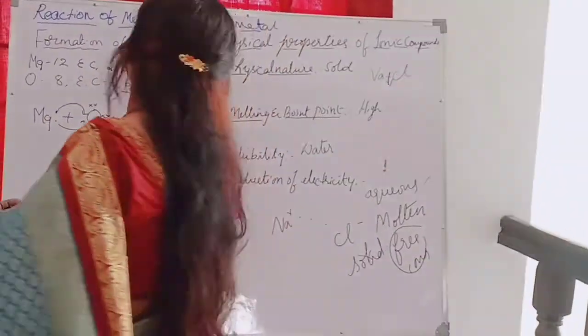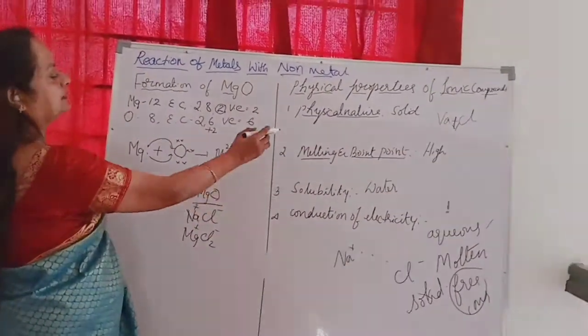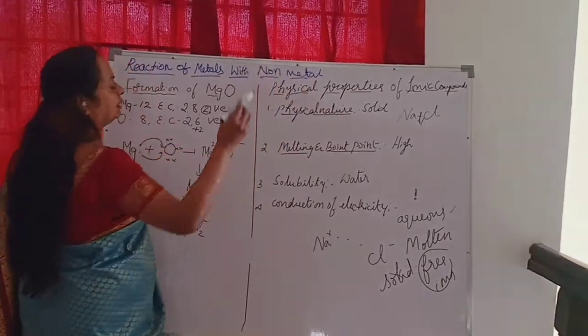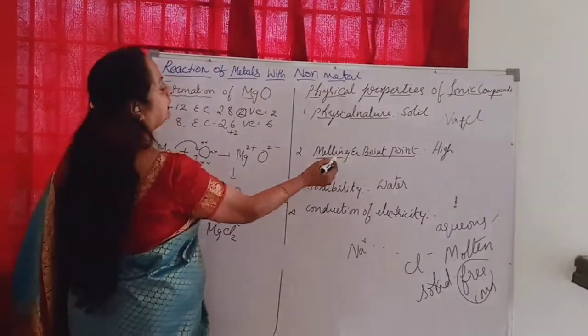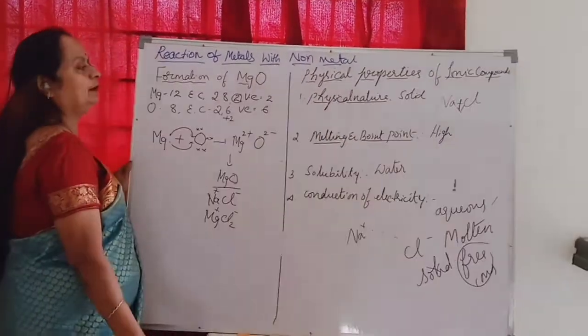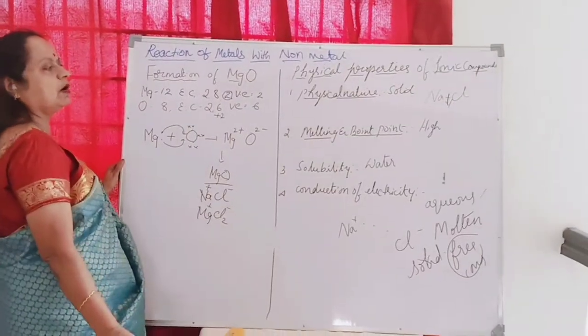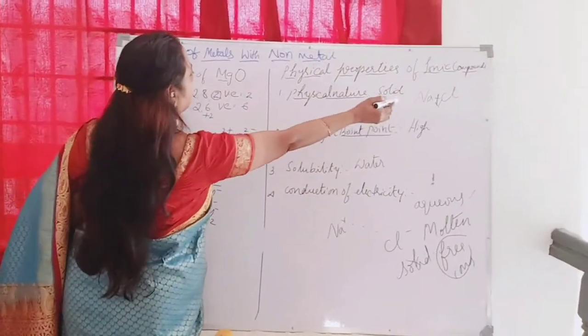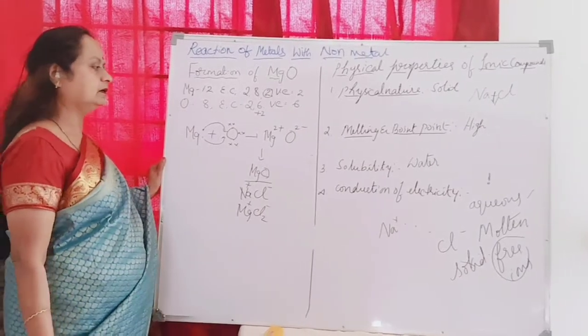So what are the physical properties? What is the physical nature? They are solids at room temperature. What is the melting and boiling point? They have high melting points because of strong electrostatic force of attraction between the ions.